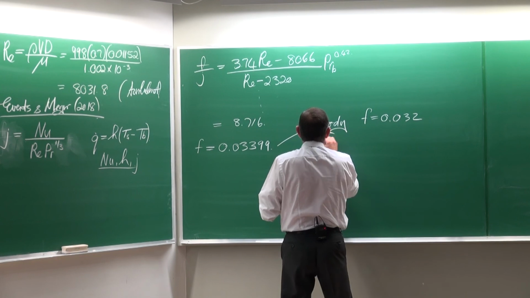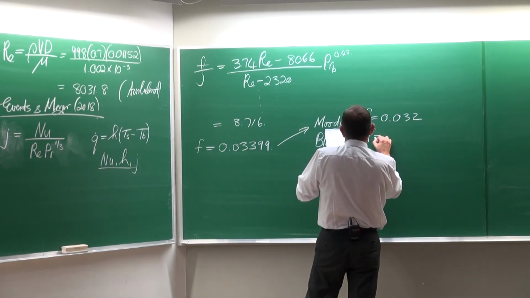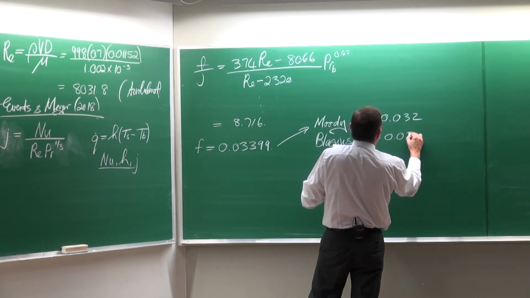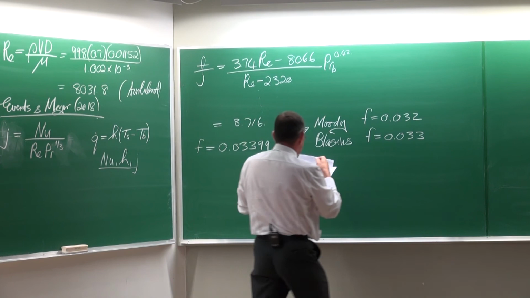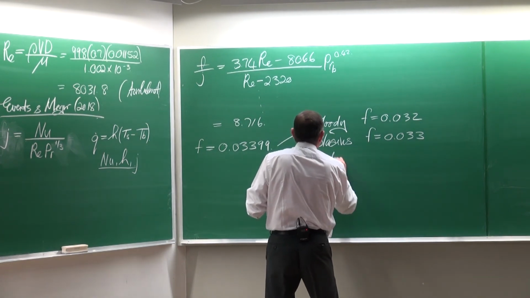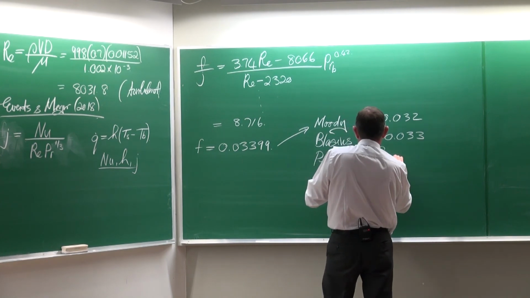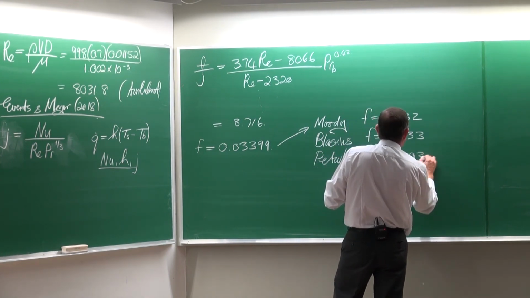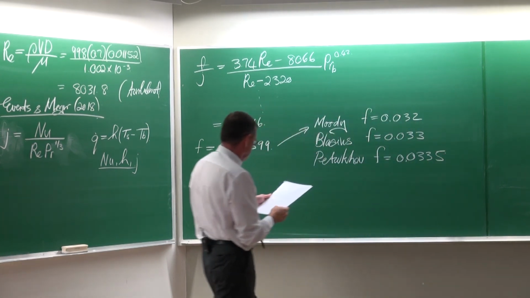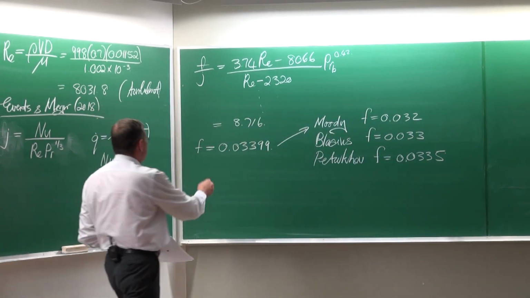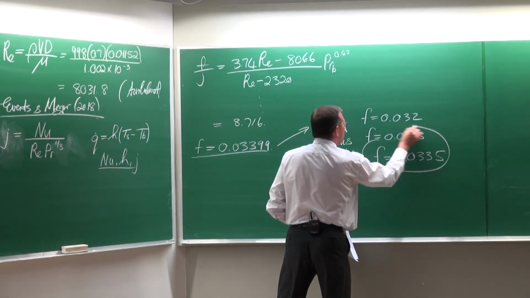Then there's the Blasius equation that will give it to you more accurately, which is 0.033. And then lastly, the Petukhov one, which gives a value of 0.0335. So you can see it is very accurate in terms of these values.